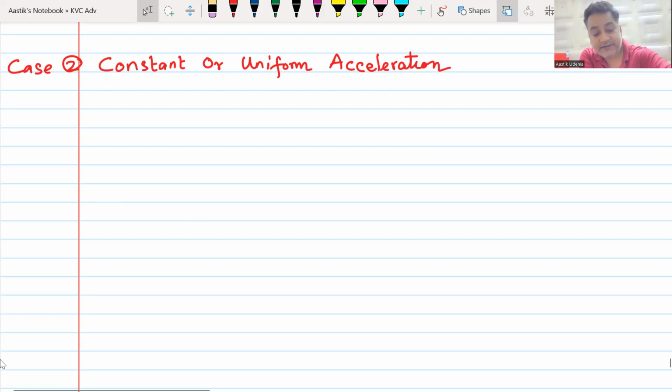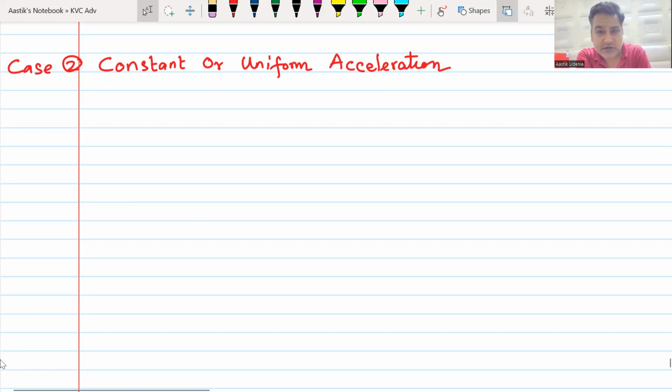Now for this case, we will not be deriving any equation. I hope you know all the equations beforehand. We will just go through those equations in both the scalar and the vector form.